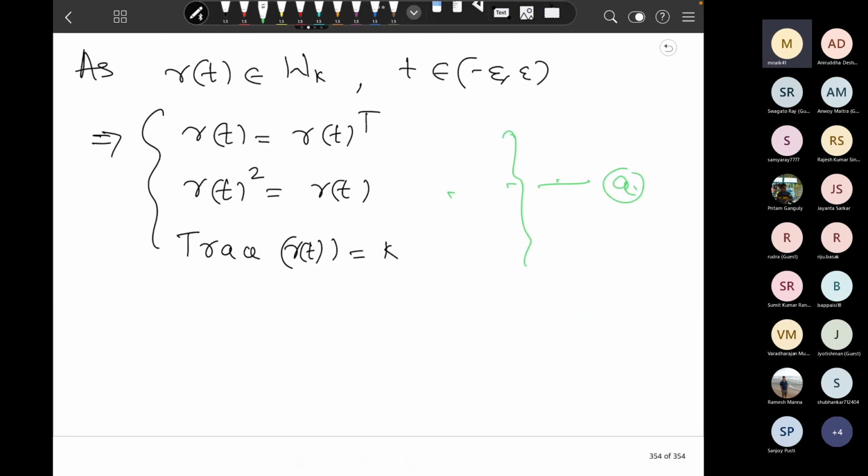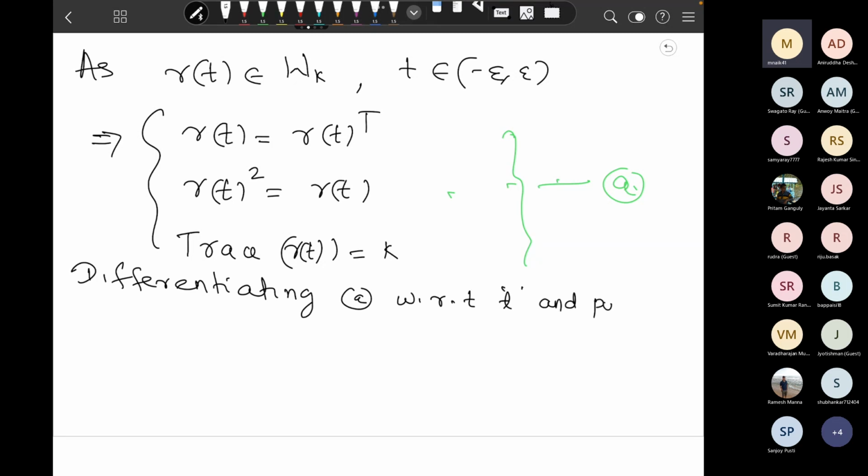Now differentiating A with respect to t and putting t equal to 0, what do we get?